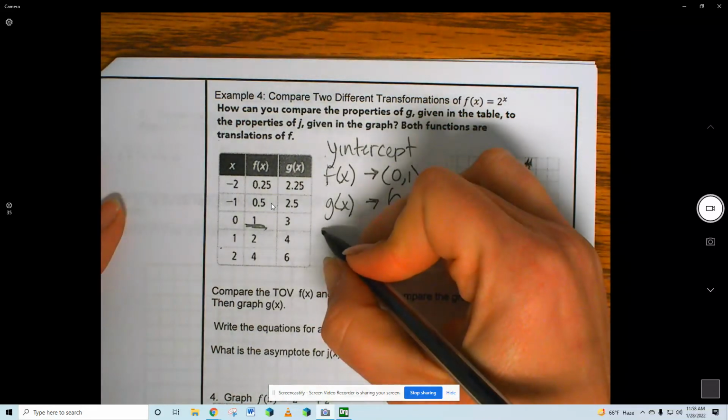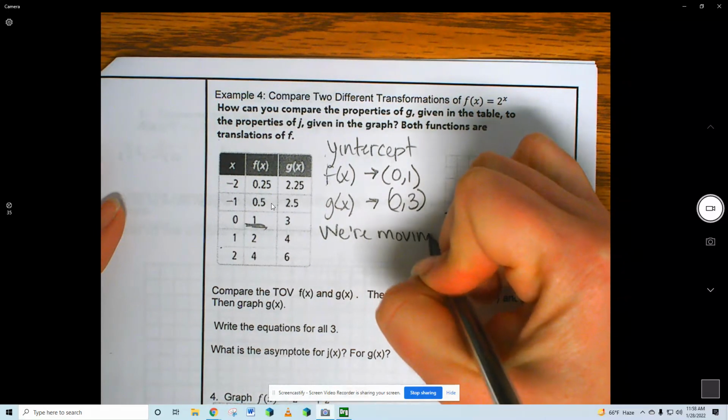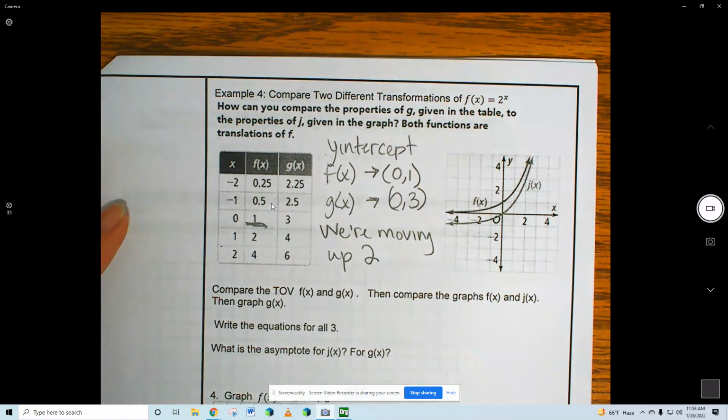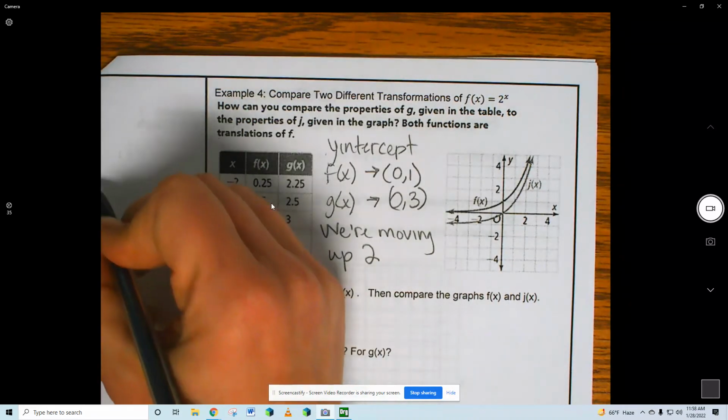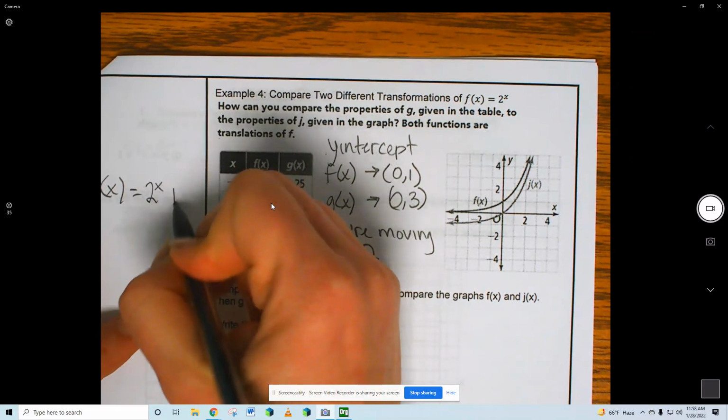So we're moving up 2. G of x is this. Our parent function, up 2.